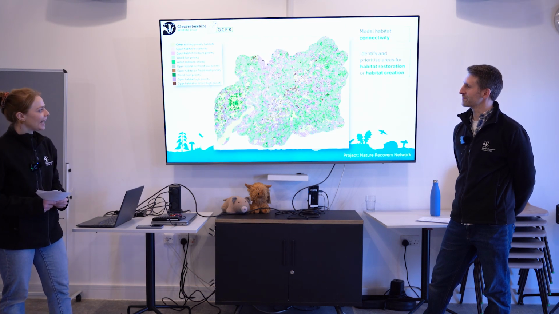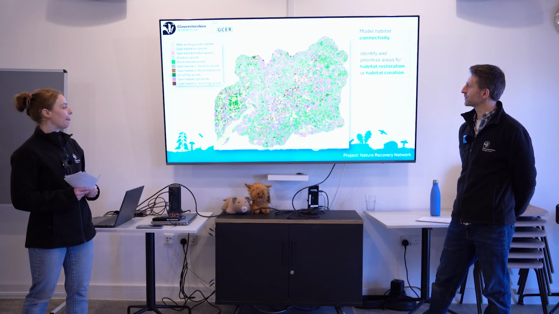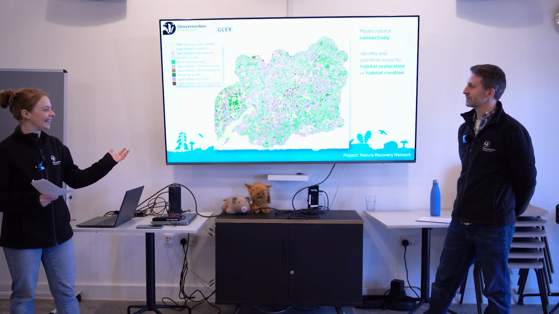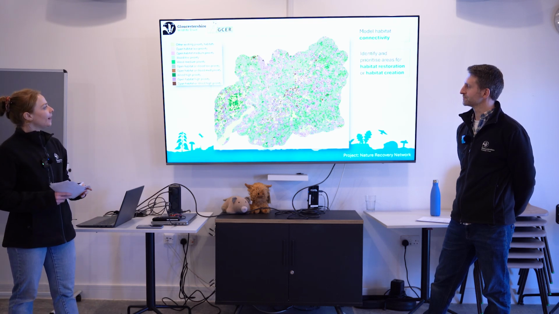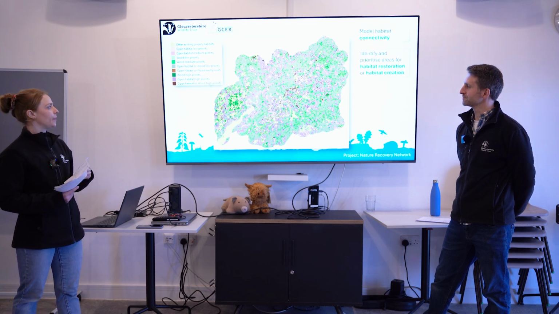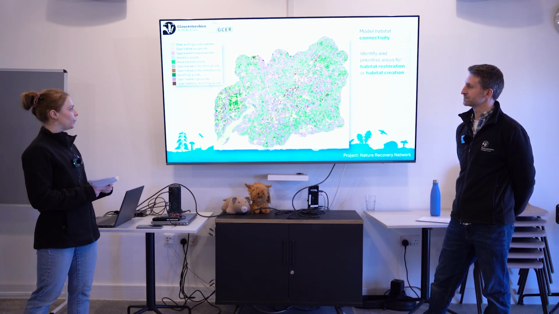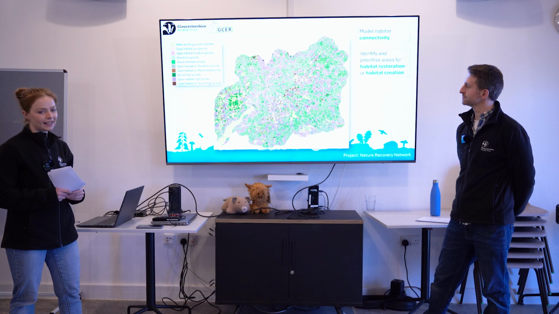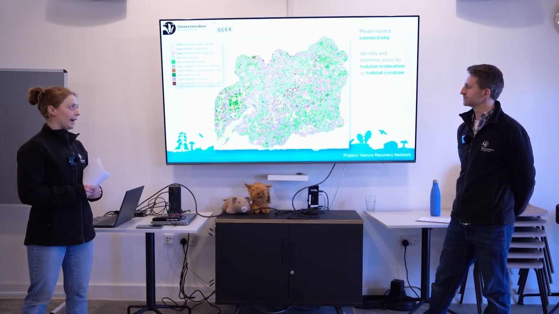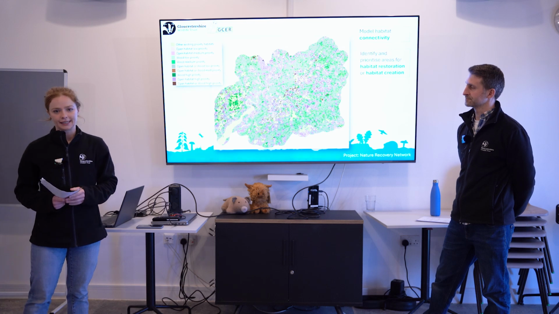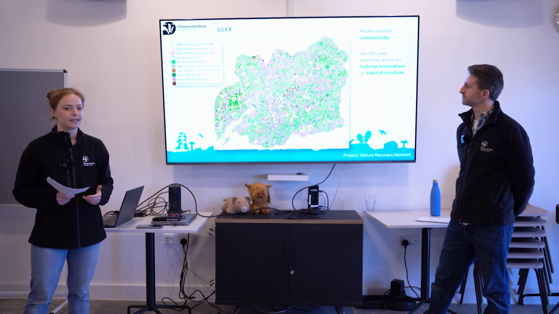So part of the LNRS mapping is our nature recovery network, and this map on the screen is that. It's a modelled map, and it combines a whole host of different data sets in GIS, which come from a mixture of satellite imagery, our own habitat data that we've collected, or habitat data that's been collected by other organisations, and open source data as well.